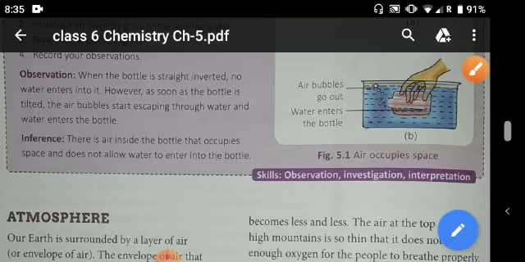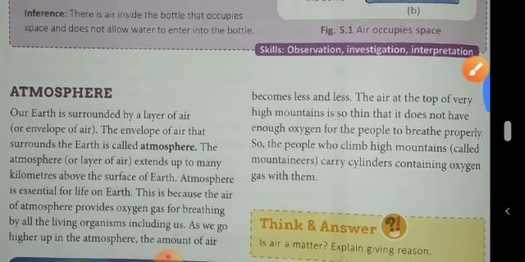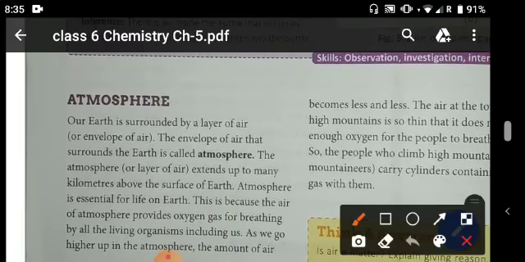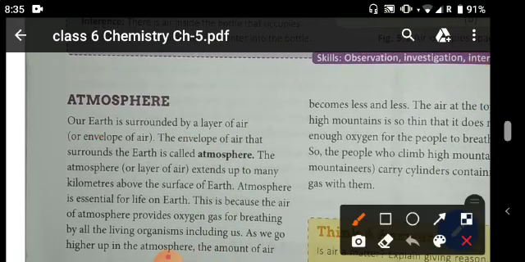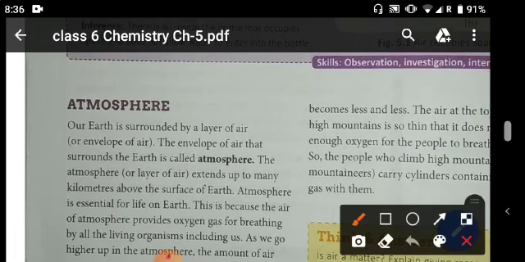Now the next topic is atmosphere. What is atmosphere? We know that our earth is surrounded by a layer of air. The envelope of air that surrounds the earth is called atmosphere.